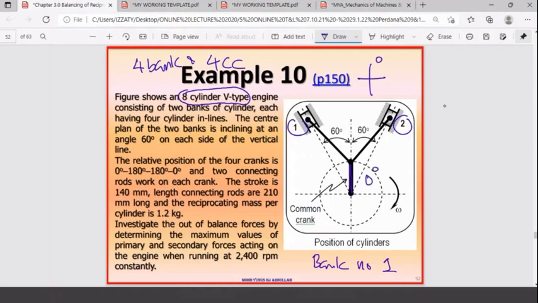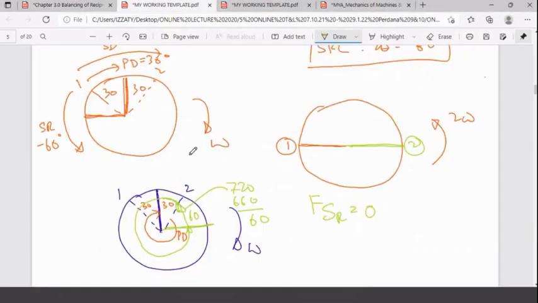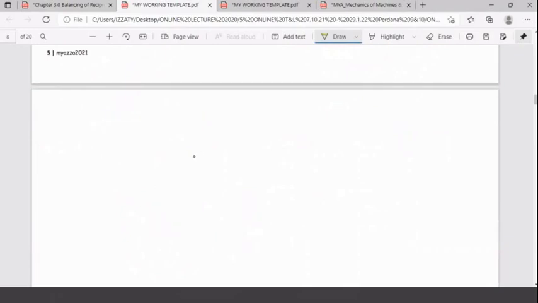If your eye sees here from the side view, you are basically looking at a crankshaft. If I put this one at 0 degrees, this one is 180.